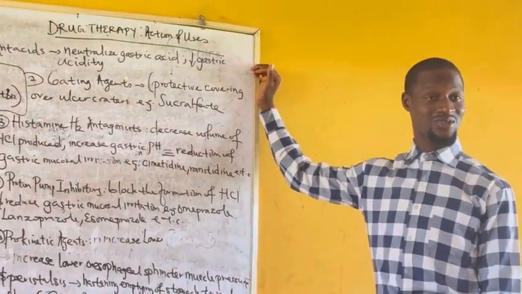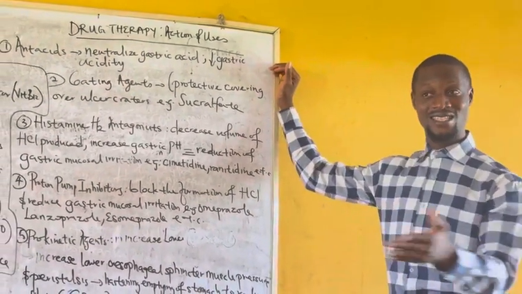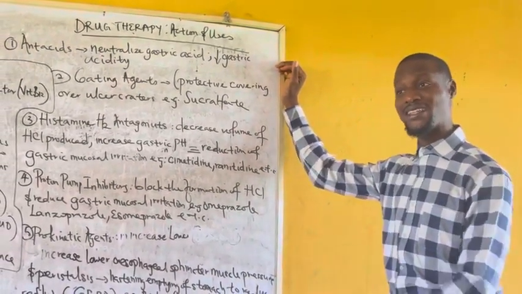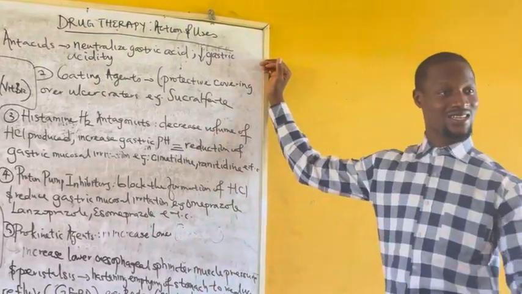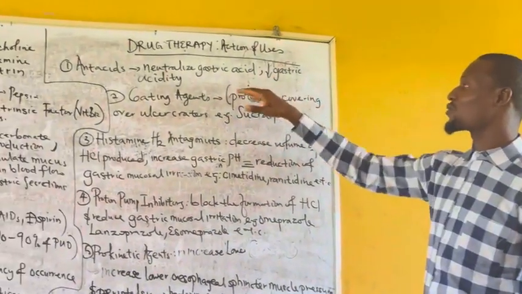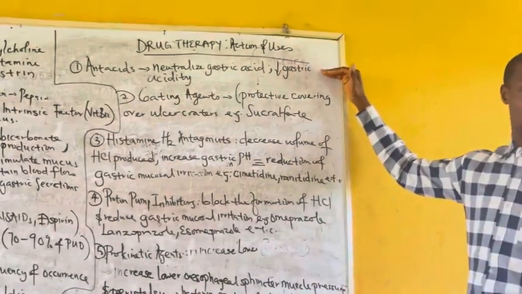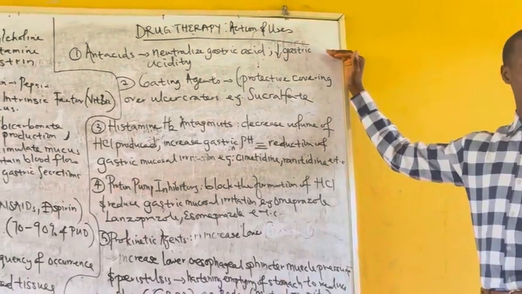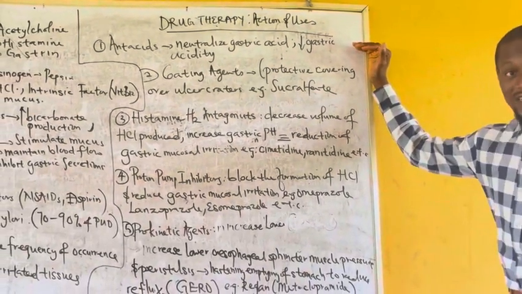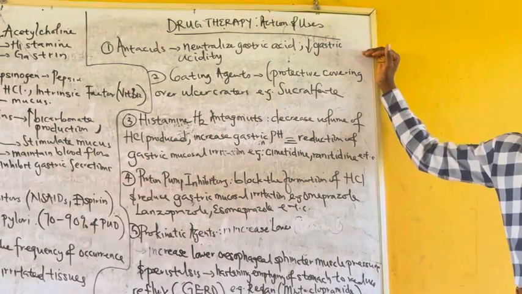They don't bind to any receptor. All they do is neutralize. Acid is somewhere, you bring antacid there, and the antacid neutralizes the acid. Once they neutralize the acid, what happens to the gastric acidity? Gastric acidity will drop. So it means the pH would rise, although it looks like a bit of an irony.